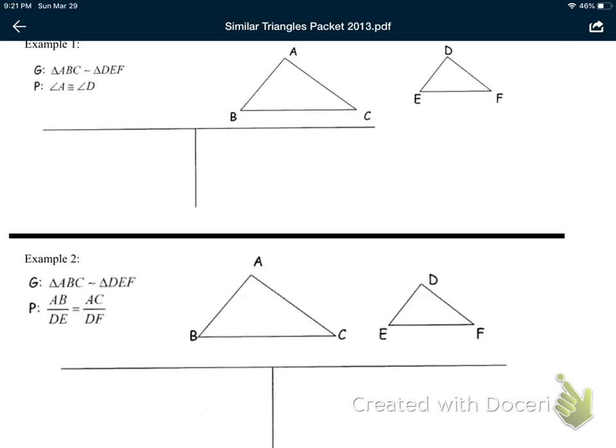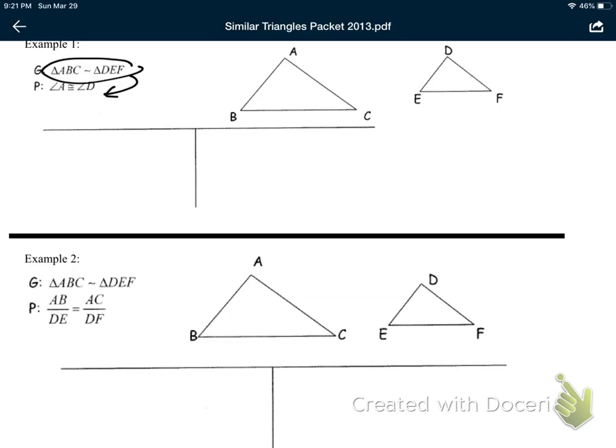Okay, so on the next page here, we have a nice example of a level 1 proof. Actually, it's probably a little before level 1, because they're asking you to prove that the angles are congruent. So this is actually not even one of our things. But suffice it to say that if this was a level 1 proof, this would actually be down here, and they would ask you to prove the triangles similar.